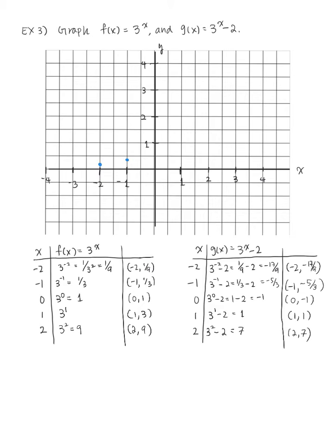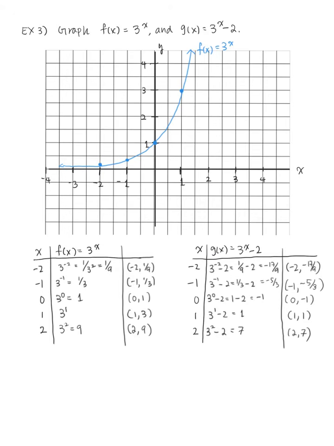And when x is 0, 0 comma 1, and 1 comma 3, and then 2 comma 9. Well, I'm just going to have to go above this graph, so I'm just going to go like this, and just keep going. So this is the graph of f of x equals 3 to the x.